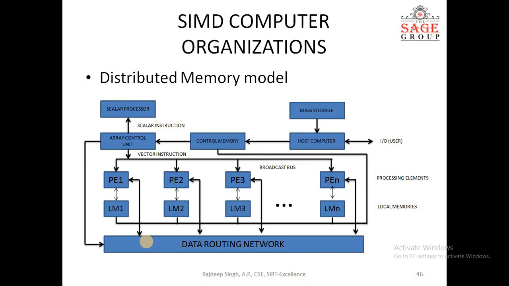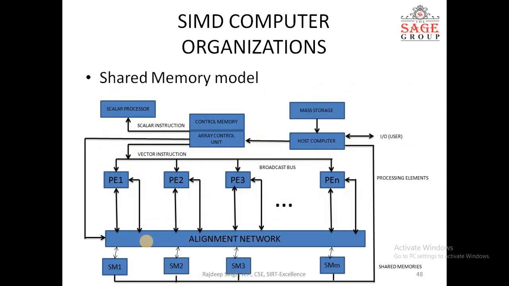Now the difference starts here: if the processing element has its own local memory, then it is called the distributed memory model, and if the processing elements share the shared memory modules, then it is called the shared memory model.